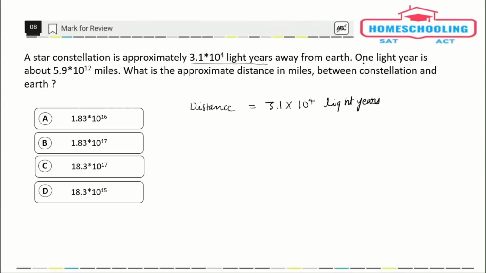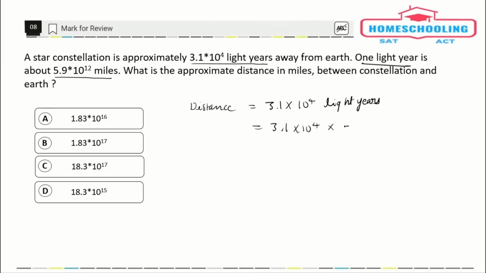And we know 1 light year is 5.9 into 10 to the power 12 miles. So instead of light years, what we're going to write here is 5.9 into 10 to the power 12 miles.